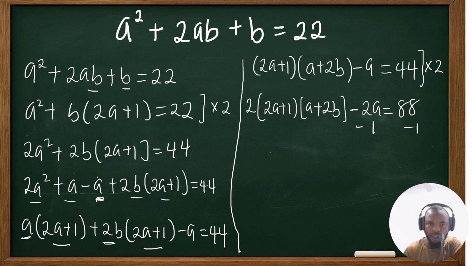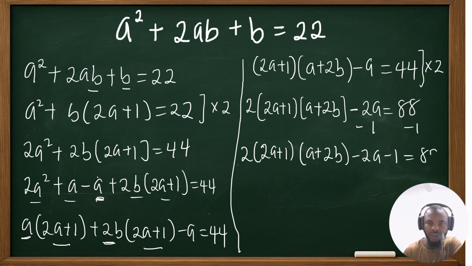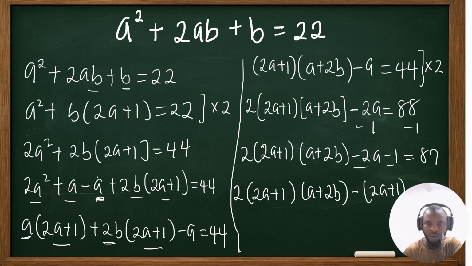From this equation, we can write 2 into parentheses 2a plus 1, a plus 2b, minus 2a minus 1, and on the right hand side, you're going to have 87. Looking at this, let's factor out the negative sign. In the parentheses, you're going to have 2a plus 1 equals 87.